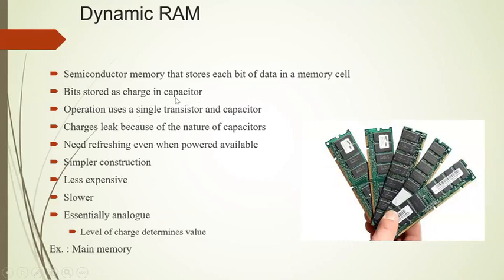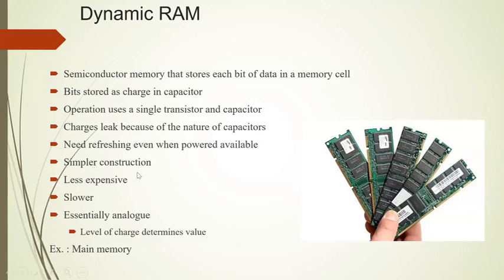If you use a capacitor, it is leaking or losing its charge. So when losing the charge, you have to refresh. Charge leaks because of the nature of the capacitor, so it needs refreshing even when power is available. Even when power is available, you have to give some signal to refresh.